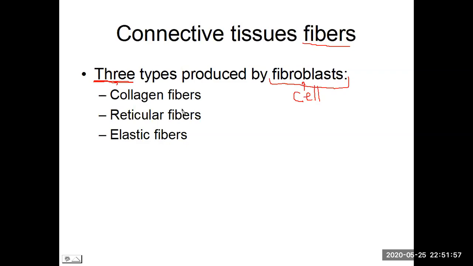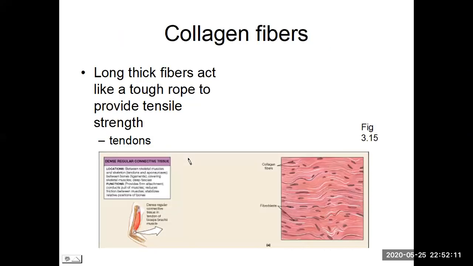So these three primary types of fibers, the collagen fibers, reticular fibers, and elastic fibers, are found in various types of connective tissues. We'll start with collagen. The collagen fiber itself, an individual strand of collagen, is actually like a braided protein. So you can think of it like a rope. And just like a rope, it's quite strong.